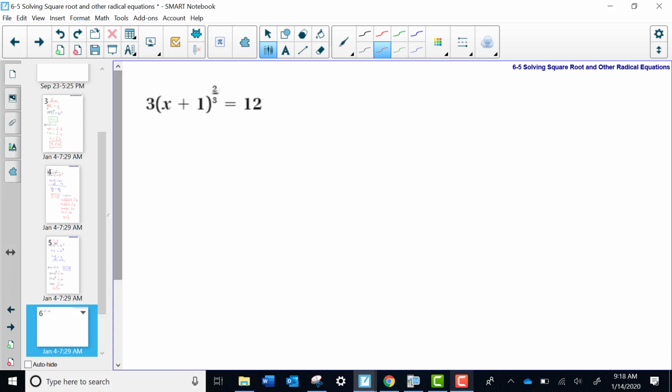So again, we want to begin by isolating this factor with the rational exponent, so we'll divide both sides by 3. We have x plus 1 to the 2/3 power equals 4.